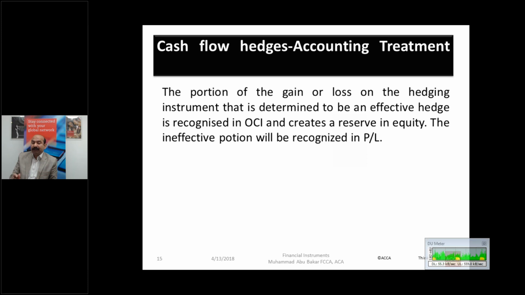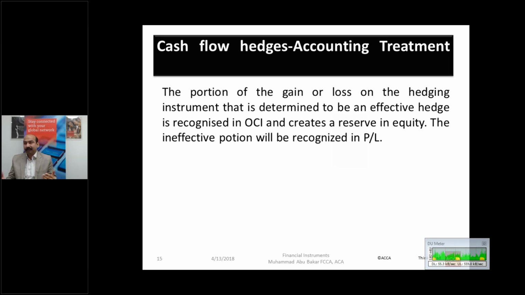The ineffective portion will be recognized in profit and loss. This is very important. See, as we saw in our earlier illustration, gain in the open market, loss in the forward market, so both are not normally the same because both markets are different.